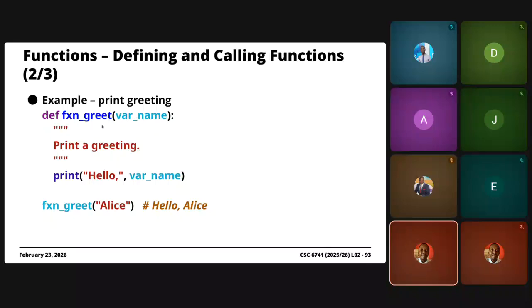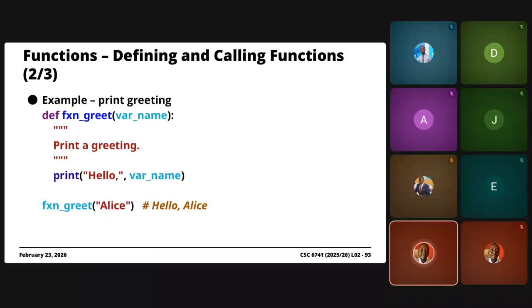Incidentally, when you're defining a function, what goes into the parentheses is called a parameter. When you're calling it, invoking it, when you want to use it, the thing that goes in the parentheses is called an argument. Okay? So we define a function. For us to use the function, we invoke it or we call it.